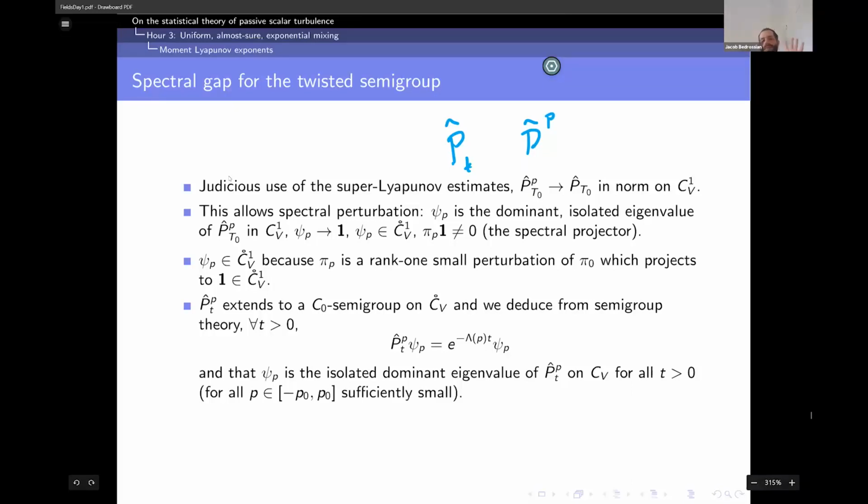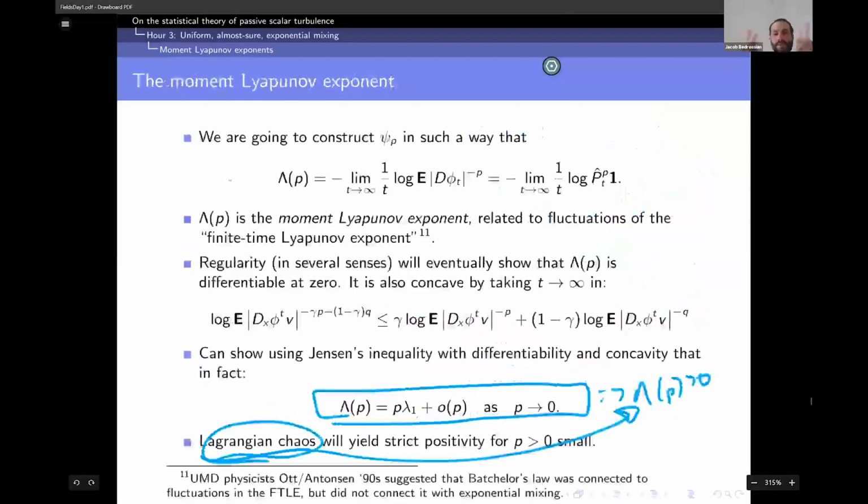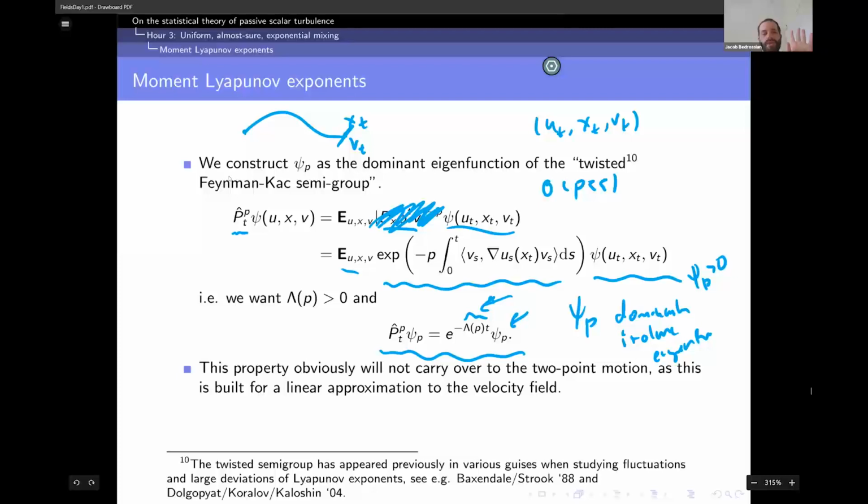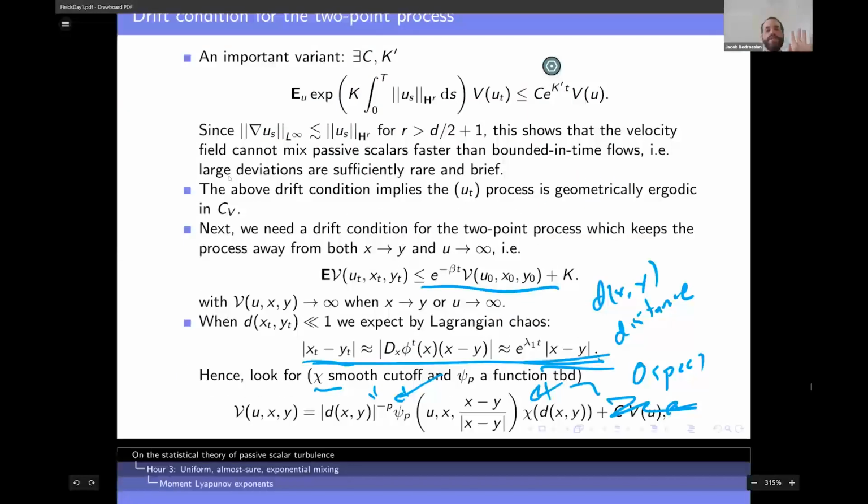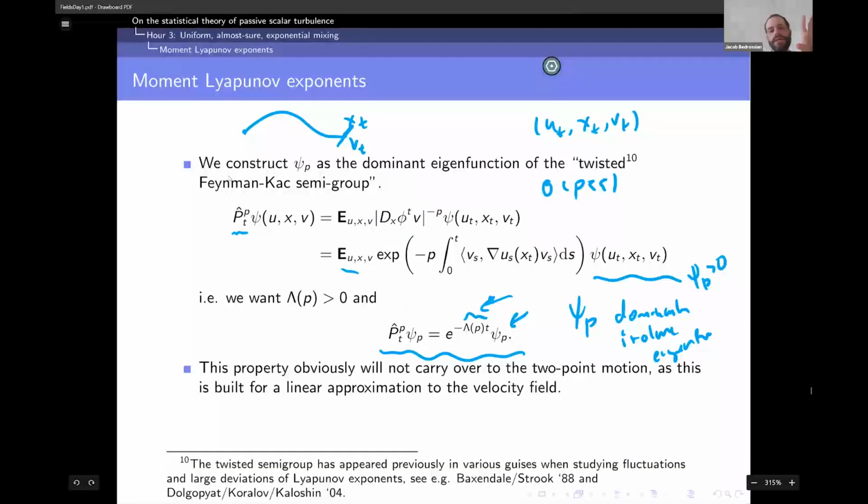I'm skipping over some details because it's complicated and technical, and it's important, but you know what I mean. One technical detail that we ran into very rapidly is that it's not even obvious that in infinite dimensions this p hat p is defined.